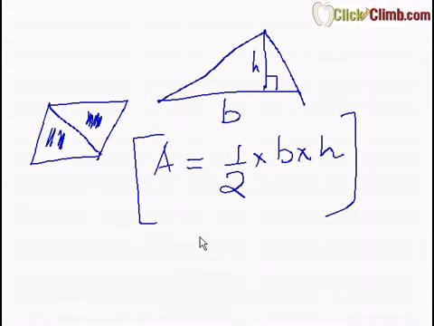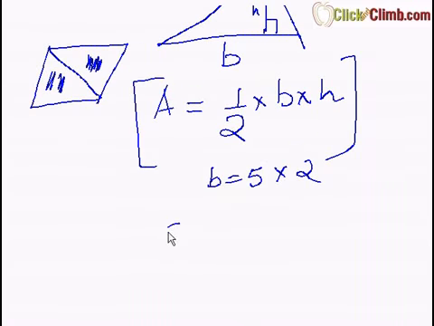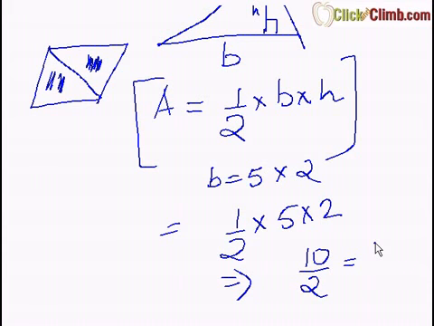Now let's take some values, like suppose b is given 5 and h is given 2. So we put in this formula, half times 5 times 2, that's going to be 10 over 2, and 10 over 2 is 5.